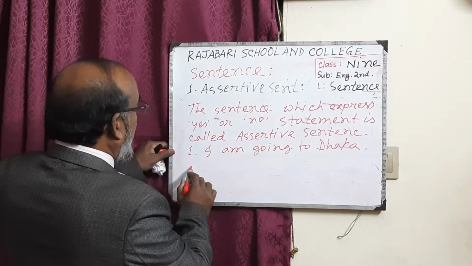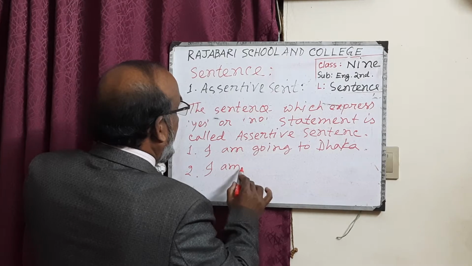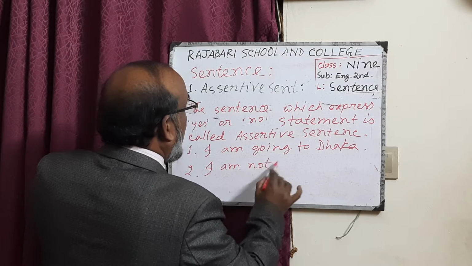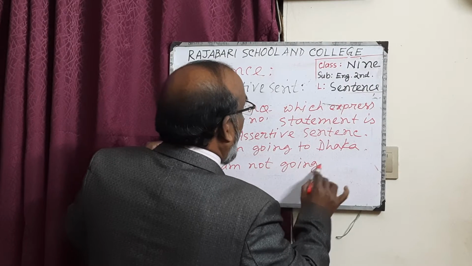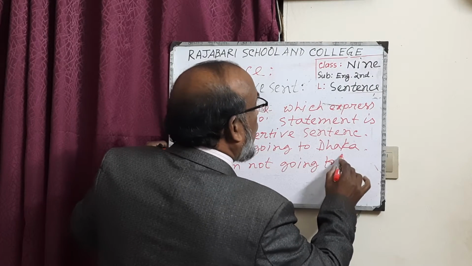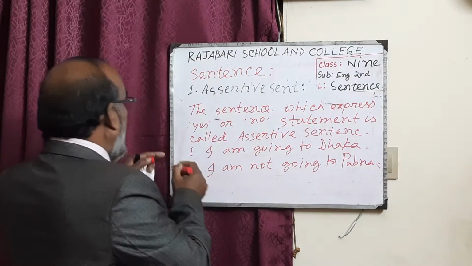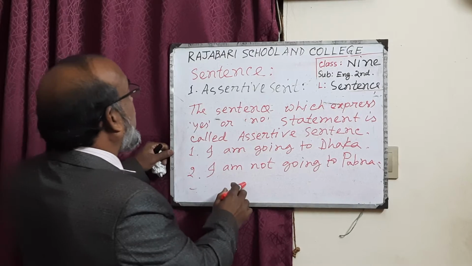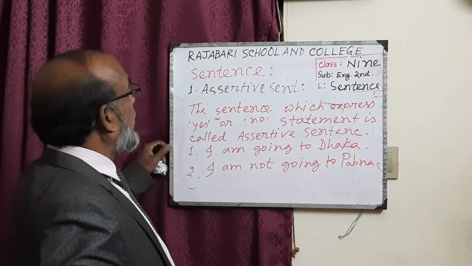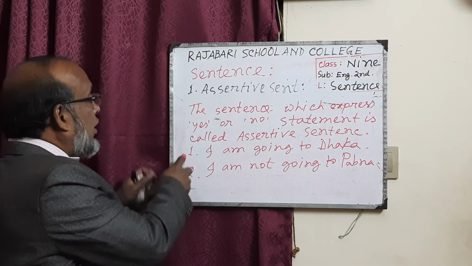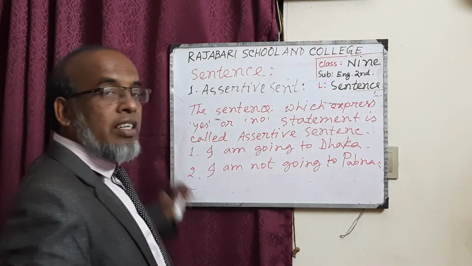And number 2, I'm not going to Pabna. Number 2 expresses a no statement. This is why we can tell these two sentences are assertive sentences.